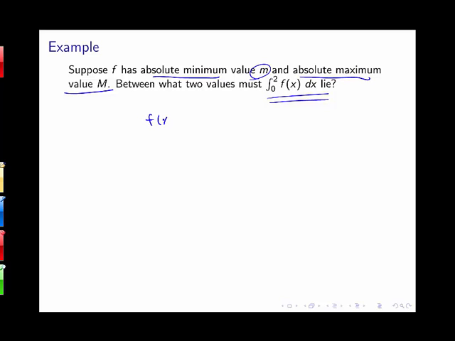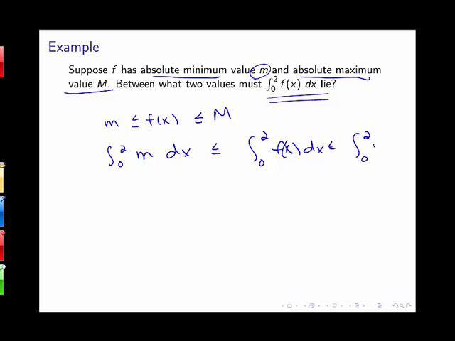Well, if f of x is no smaller than little m and no bigger than big M, then we can say f of x is between these two different values. So this tells us that the integral from 0 to 2 of m is going to be less than or equal to the integral from 0 to 2 of f of x, which will be less than or equal to the integral from 0 to 2 of M dx.